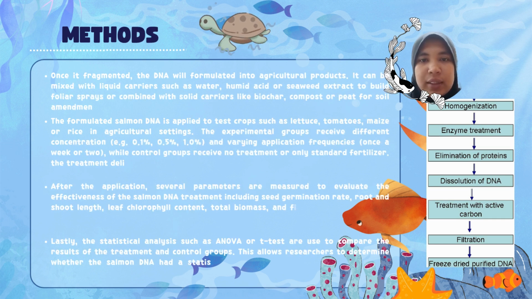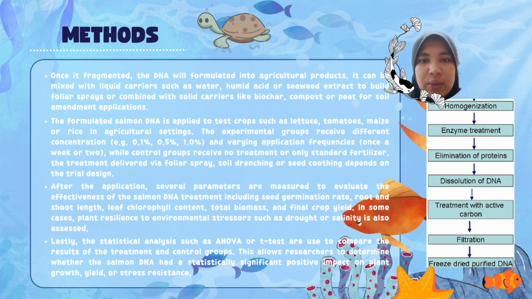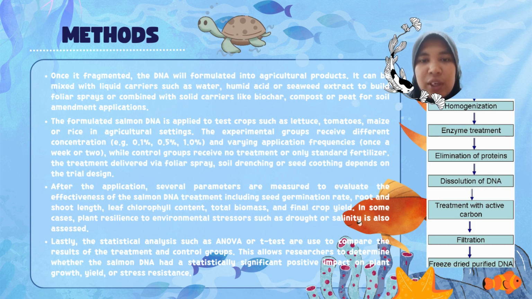Once fragmented, the DNA will be formulated into agricultural products. It can be mixed with liquid carriers such as water, humic acid, or seaweed extract to make foliar sprays, or combined with solid carriers like biochar, compost, or peat for soil amendment application.